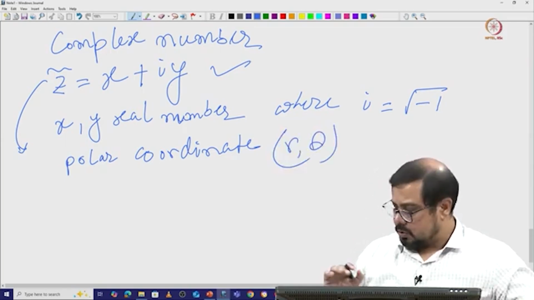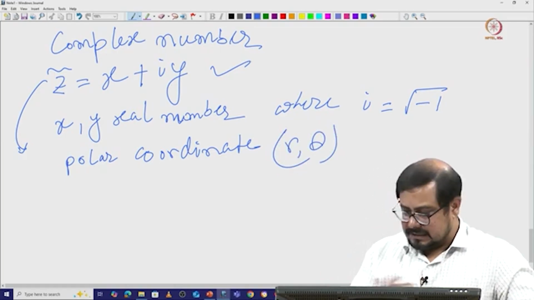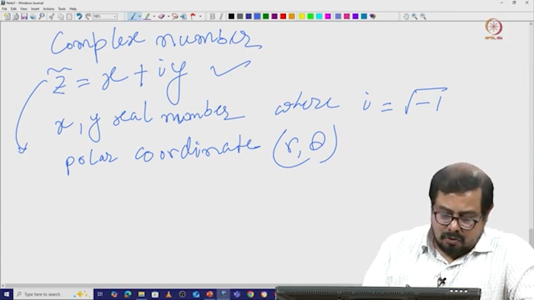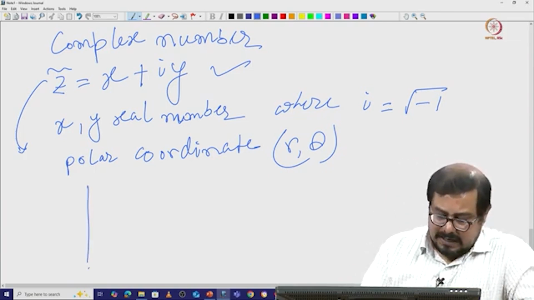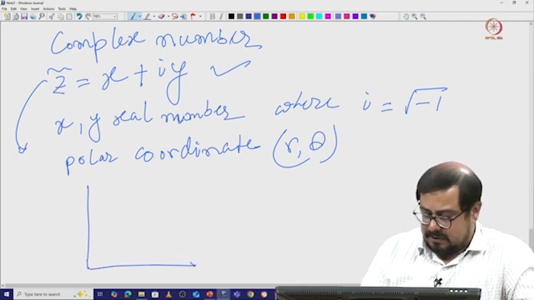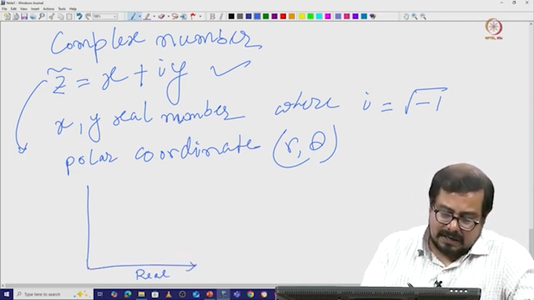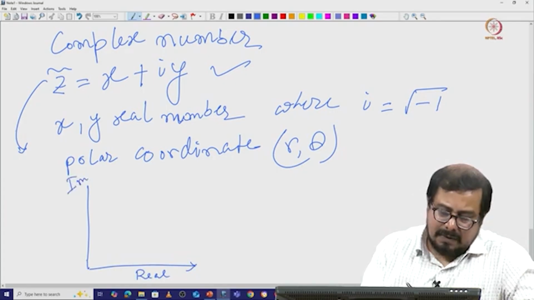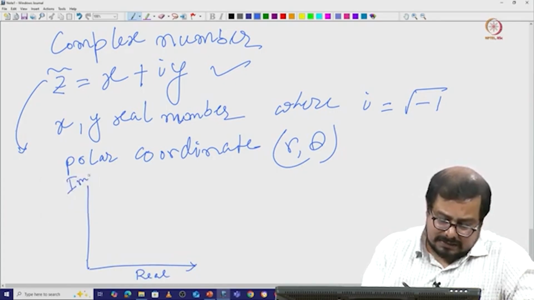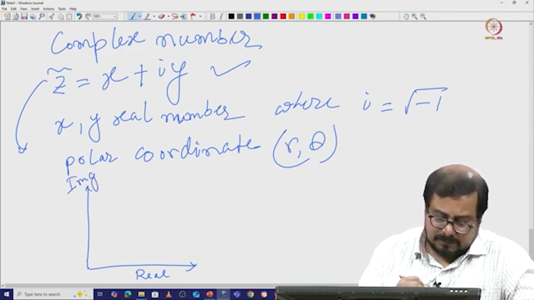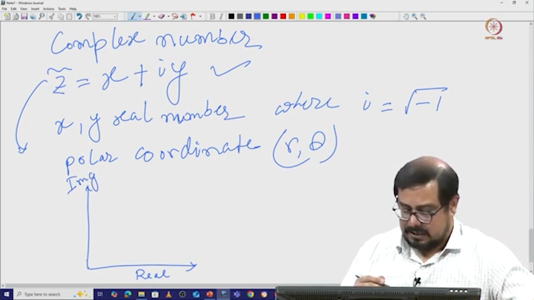So, when we are considering any wave, this is the real coordinate and this is our imaginary coordinate, as I mentioned earlier.